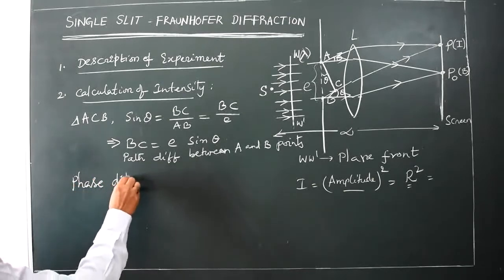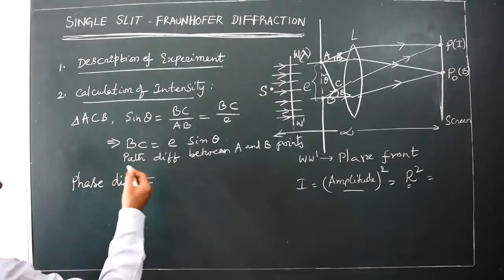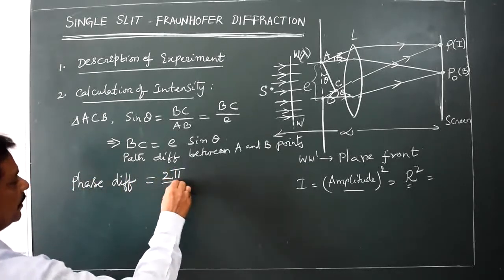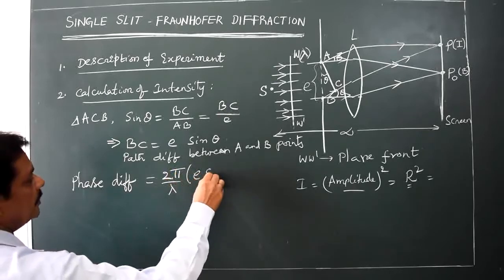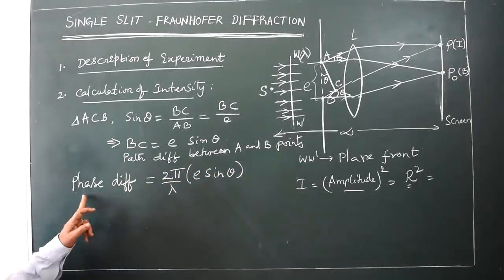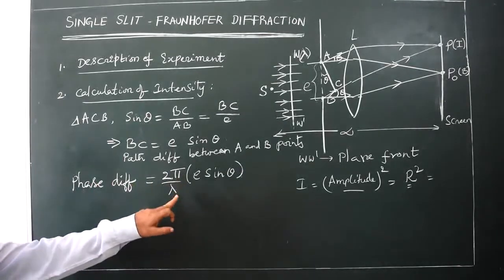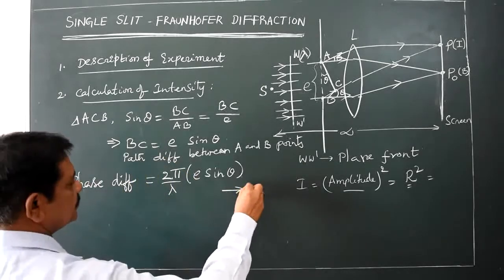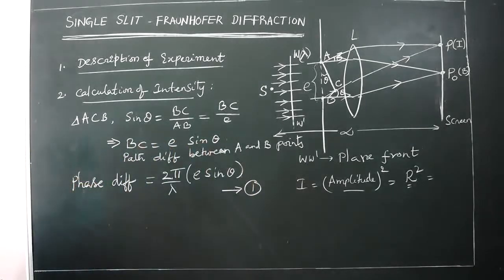The phase difference is equal to 2 pi by lambda into e sin theta. This is a fixed relation: phase difference is always 2 pi by lambda into the path difference, and this is the path difference. Call this equation 1.